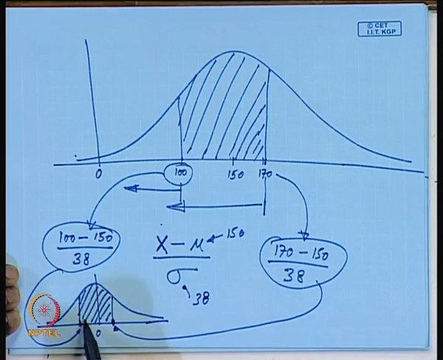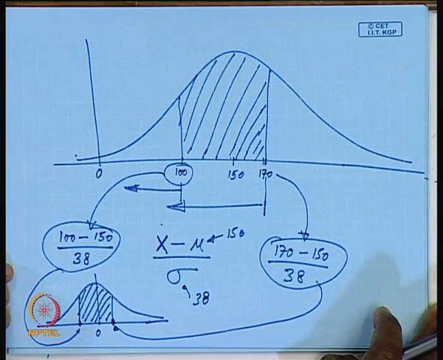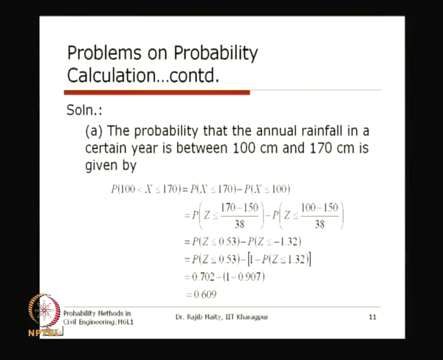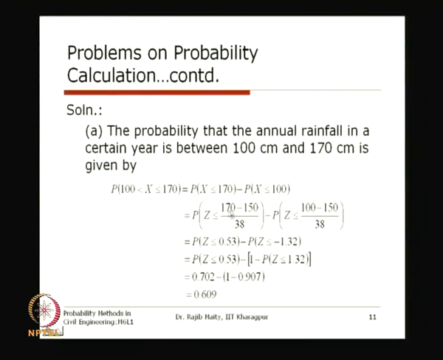First we have converted it like this, and because these values are available to us, we will refer to the standard distribution to get the answer. So we are reducing it: probability of Z less than 170 minus 150 divided by 38, minus probability of Z less than 100 minus 150 divided by 38. This corresponds to 0.53, and this corresponds to minus 1.32.